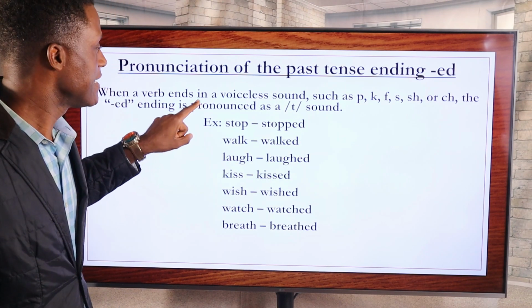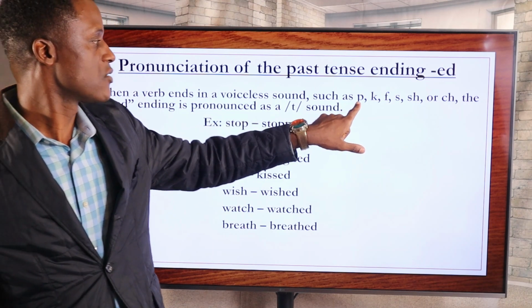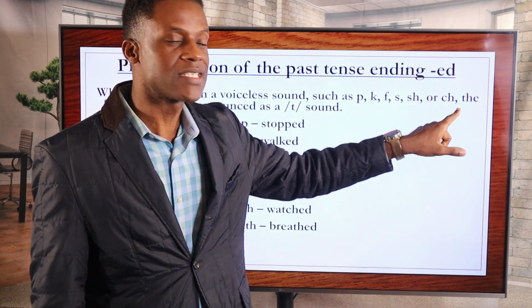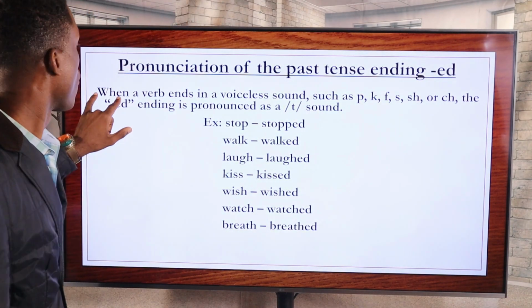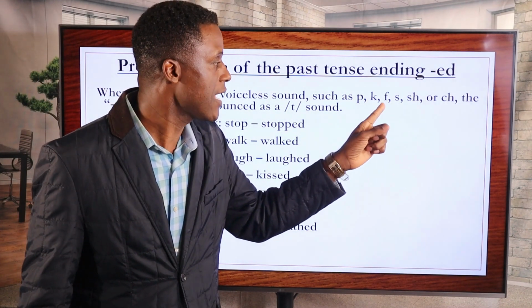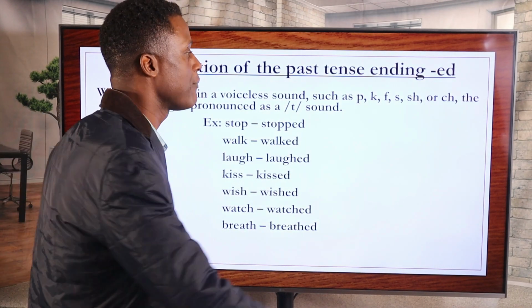When a verb ends in a voiceless sound, such as what? P, K, F, S, SH, or CH. Let's do it again. When a verb ends in a voiceless sound, such as P, K, F, S, SH, or CH, guess what happens?